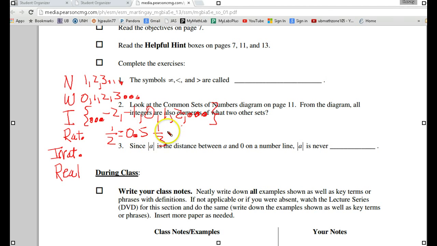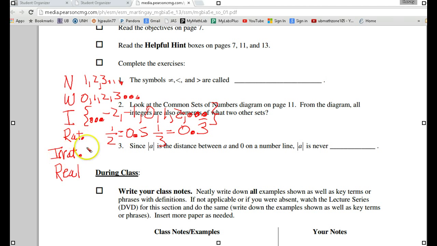When 1/3 is converted to a decimal, it becomes 0.3, and the 3's repeat. So we put a little repeating bar over the 3 to indicate that. So if a fraction, when it's converted to its decimal form, terminates like this, or has a repeating pattern like this, we say it's a rational number.